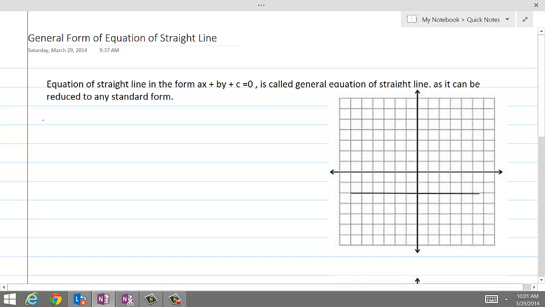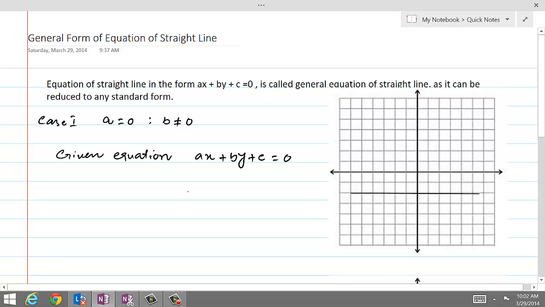So for case 1, when a is equal to 0 but b is not equal to 0, then the given equation, which is ax plus by plus c equal to 0, and if we substitute a is equal to 0, this will give us 0 times x plus by plus c equal to 0.